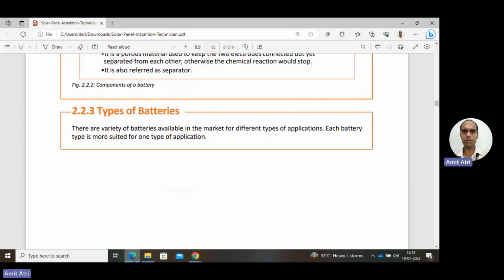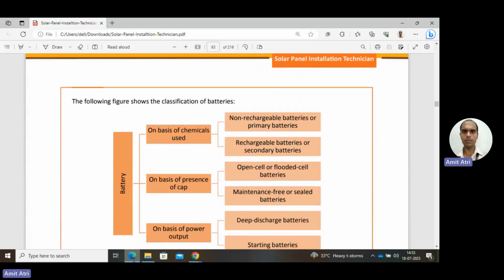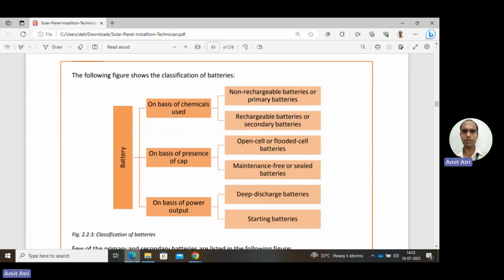Now coming to the types of battery. We can classify batteries on the basis of chemical used, on the basis of presence of cap, and on the basis of power output. We will be discussing each type in brief. The first is on the basis of chemicals used: non-rechargeable batteries or primary batteries, and rechargeable batteries or secondary batteries.